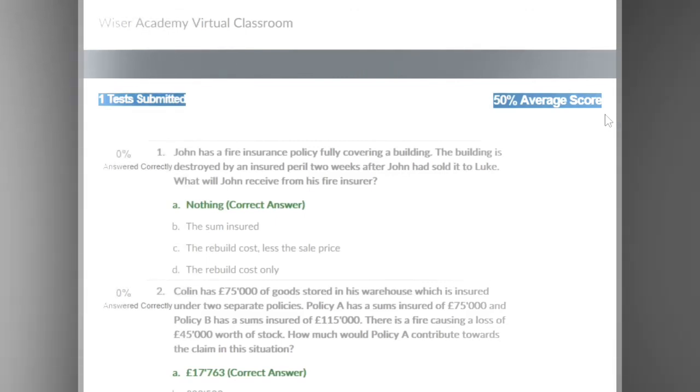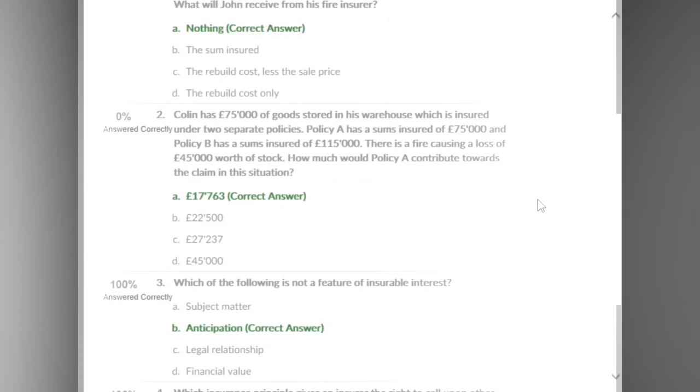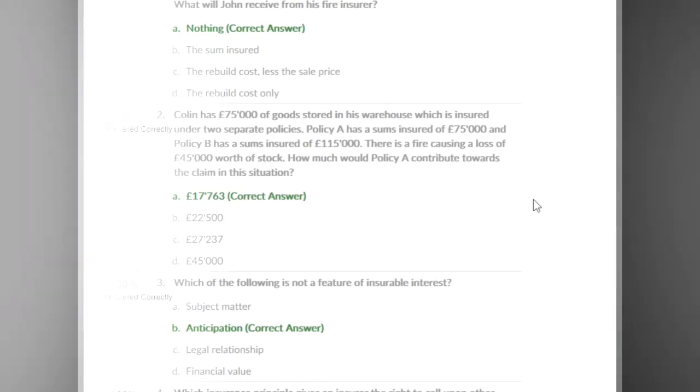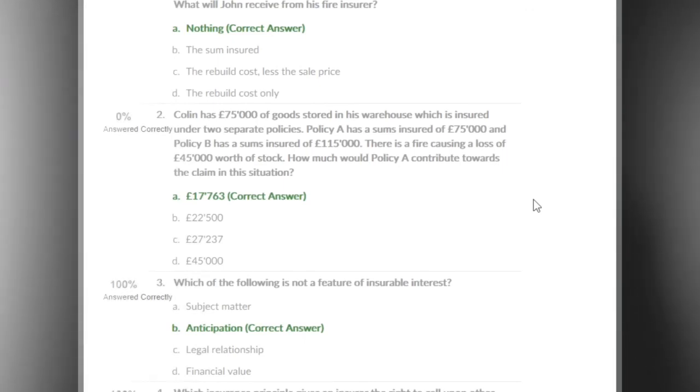Absolutely. Excellent. With question 2, this was one of those contribution ones. So Colin has £75,000 worth of goods stored in his warehouse, which is insured under 2 separate policies. Policy A has a sum insured of 75,000, and policy B has a sum insured of 115,000.